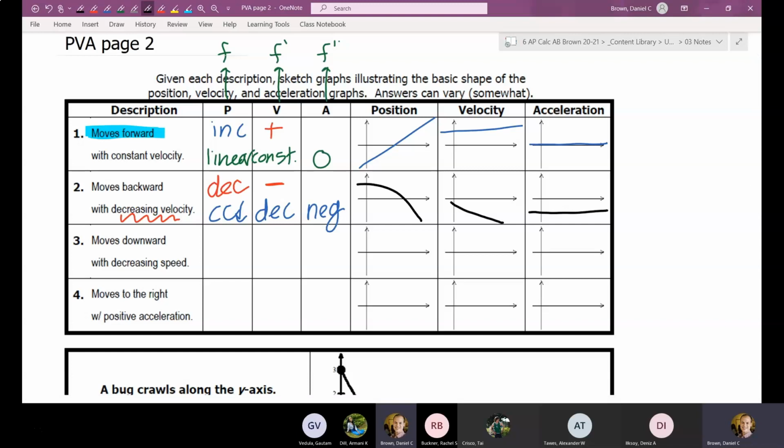Yes, both. By decreasing velocity, I mean it's going backwards quicker. So when I just say decreasing velocity, all that tells us is that whatever some initial velocity is, the values are getting smaller.